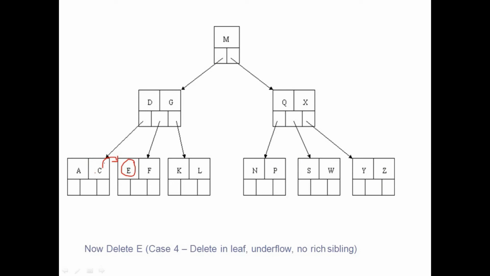So in case 4, after deletion of this particular element, you have to merge the siblings and pull the parent down.